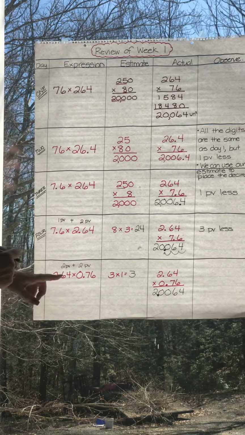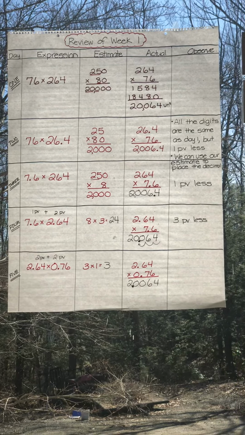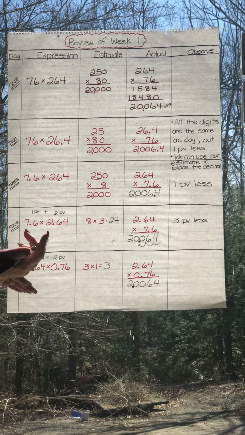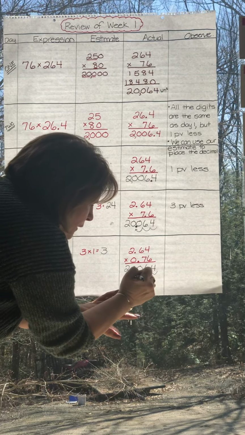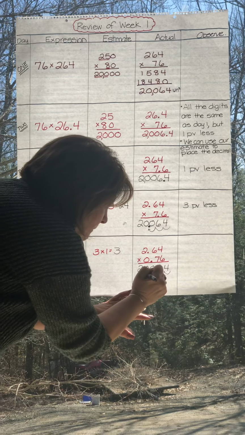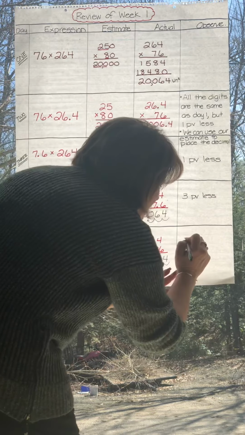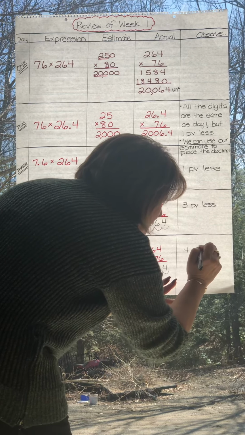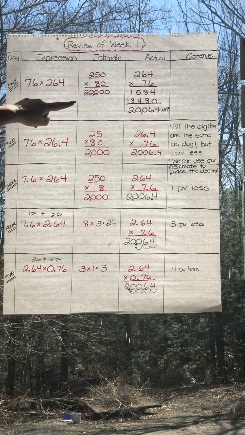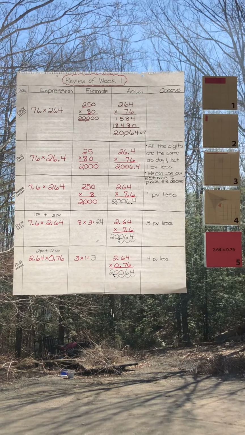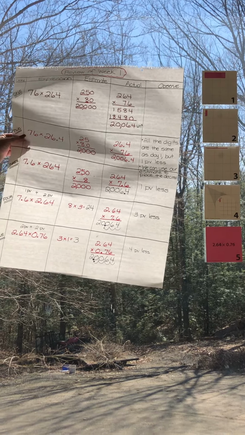So if we add them together, 2 place values less for this factor, 2 place values less for this factor, we get 4 place values less, and we adjust it by moving it 4 place values to the left. So our final answer is 4 place values less than the original product. I'm hoping that you remembered all that, and we're going to go on to week 2.